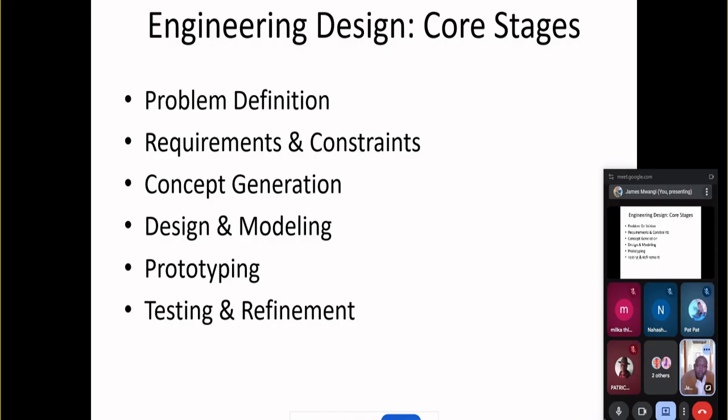Number three, you have to look at concept generation. Number four, design and modeling, prototyping, testing, and refinement. Again, iteration is also occurring here. You test, you refine, you test, you refine.